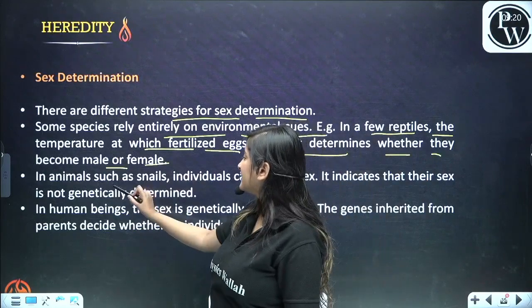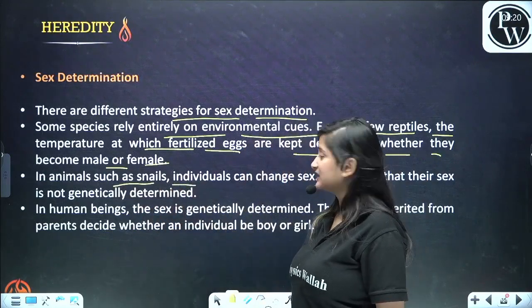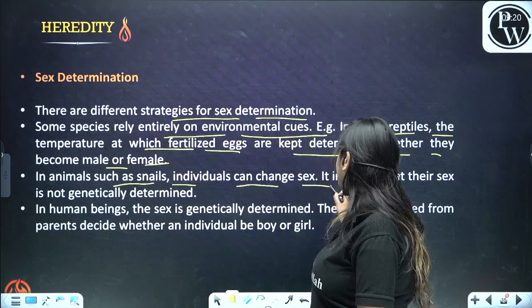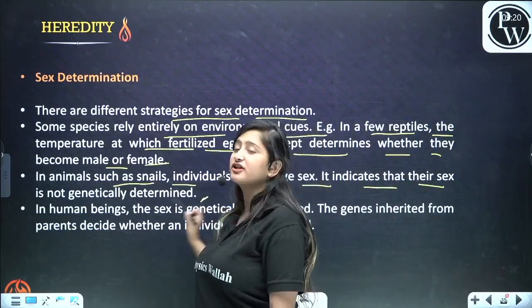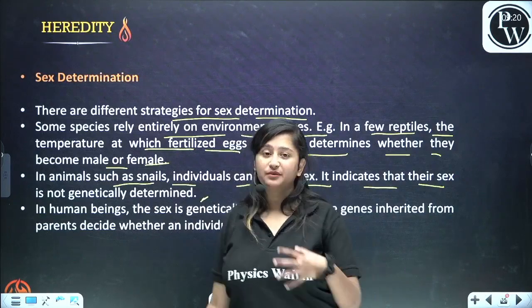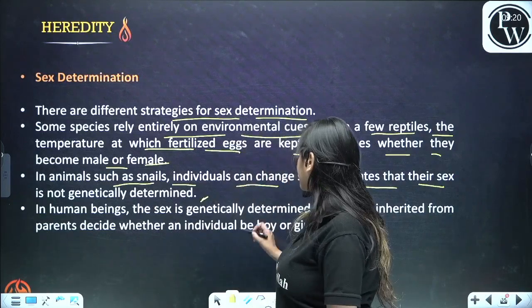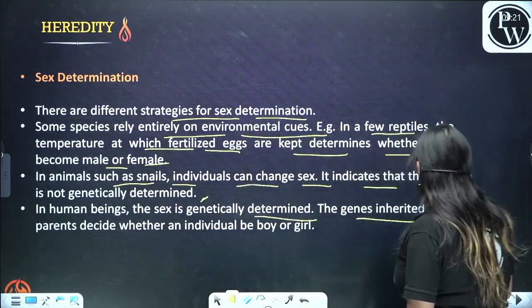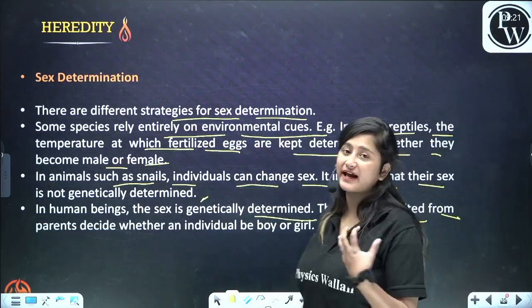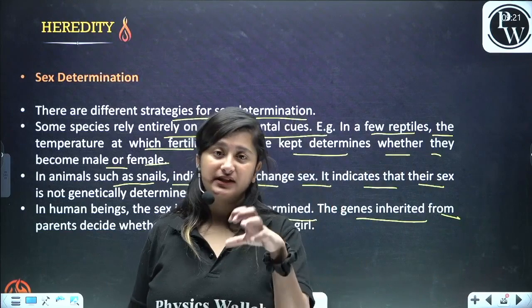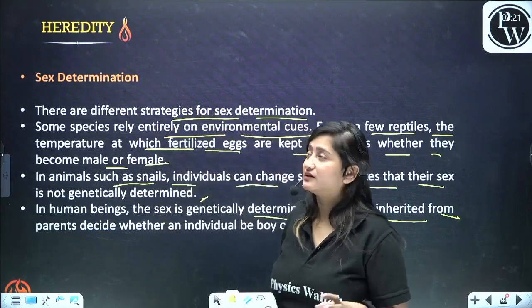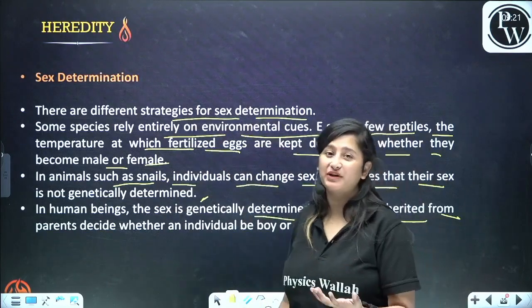In animals such as snails, individuals can change sex. It indicates that their sex is not genetically determined. But in human beings, sex is genetically determined. The genes inherited from the parents decide whether the person is male or female. This is known as sex determination.